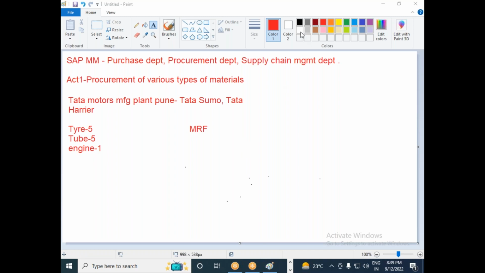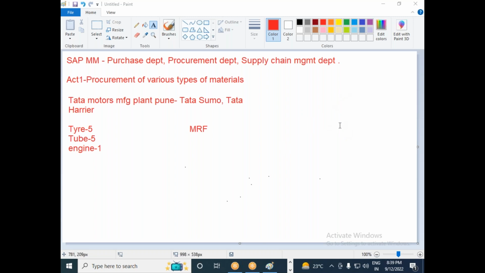Any other doubts? Which is better, ECC or S4 HANA? ECC will be available till 2025 or 2026 only. After 2026, ECC will not be supported by SAP, as SAP has mentioned. So all companies need to migrate from ECC to S4 HANA.